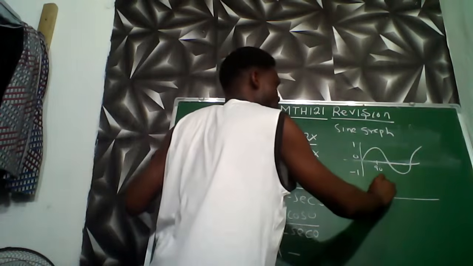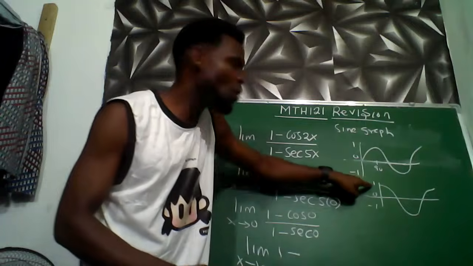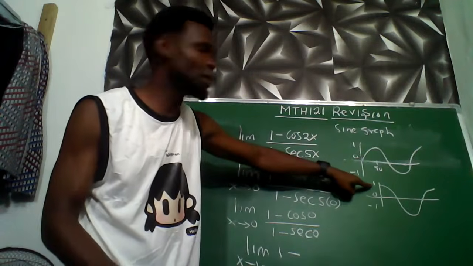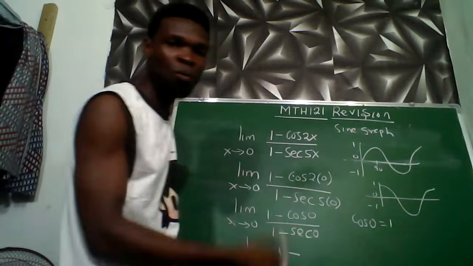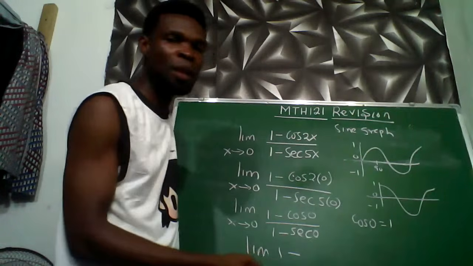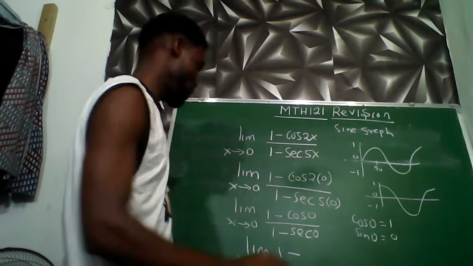The cos graph looks like this, 1, 0, and minus 1, where it starts from 1, meaning that cos 0 is 1. So anytime I have cos 0, the answer must be 1, and anytime I have sine 0, the answer must be 0.